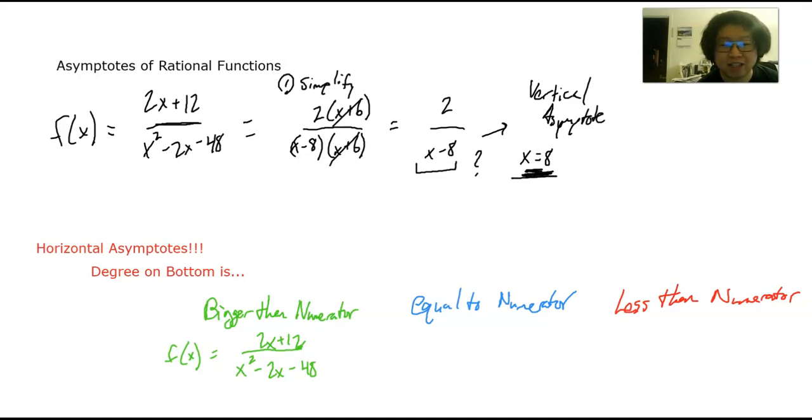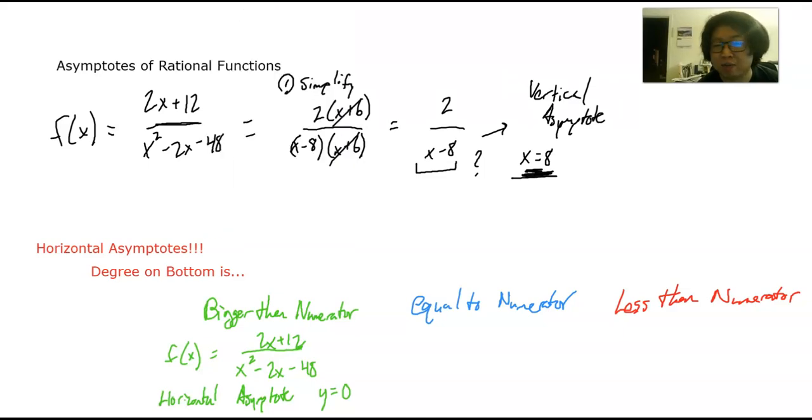If that is the case, there will be a horizontal asymptote existing, but it is very simple to find. You just say y equals 0. So no matter what, if your degree on bottom is bigger than your numerator, the horizontal asymptote is always y equals 0. It's pretty easy that way, huh?